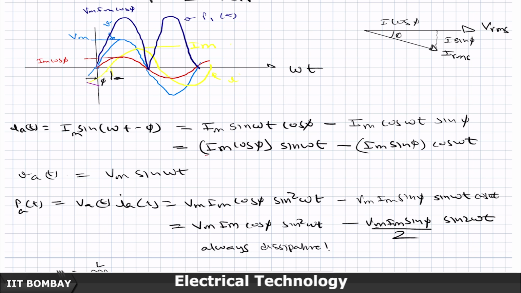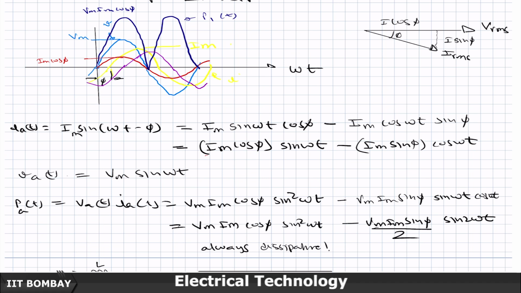So, this is Im sin phi, it goes to 0 here, rises somewhere here to its peak value, then comes back to 0 and rises to its peak value at this point, comes to 0 here, and again reaches its negative peak at t equal to 0.